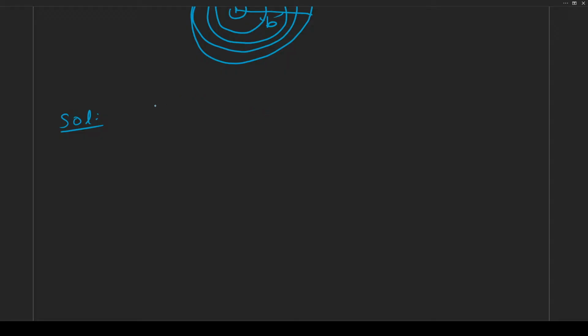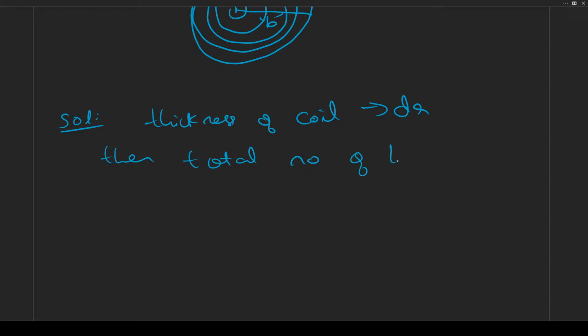Now let's take the thickness of the coil to be dr. If we consider the thickness of the coil to be dr, then the total number of turns of the coil is dn, which is equal to n by (b minus a) dr, the outer minus inner radius, times the thickness.